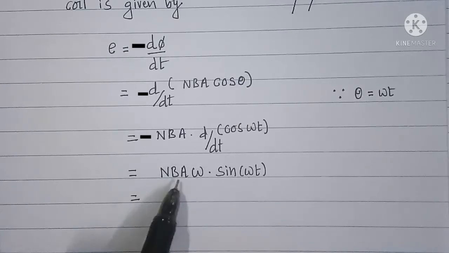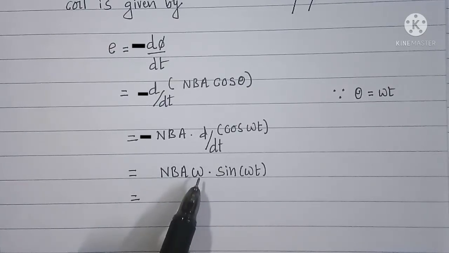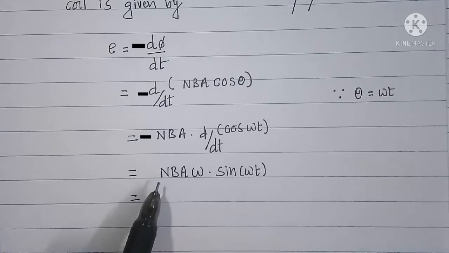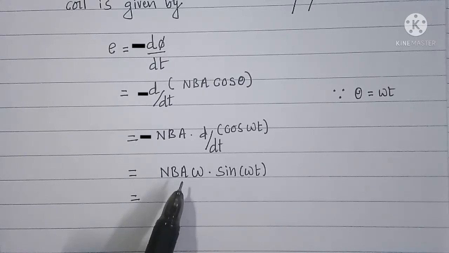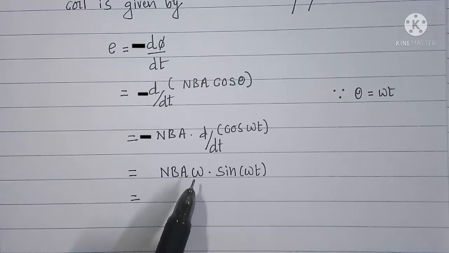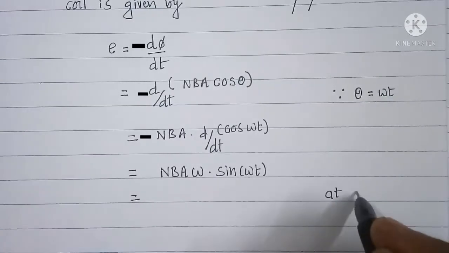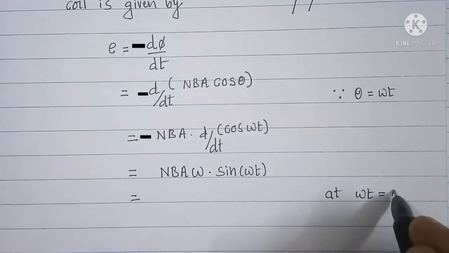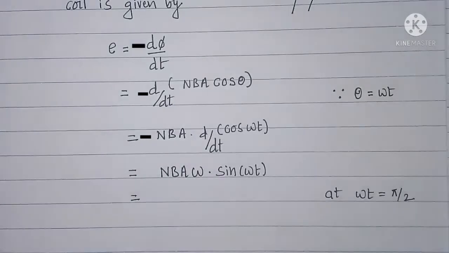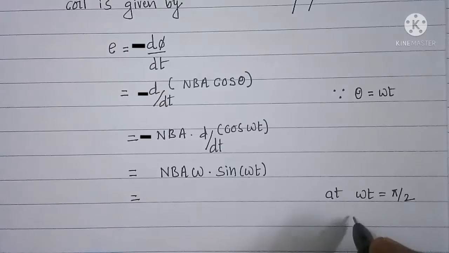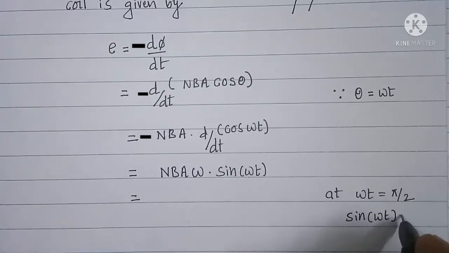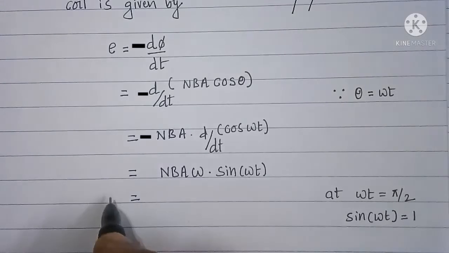So we will call NBA omega as capital EM, that is maximum induced EMF in the coil. At omega t equal to pi by 2 or 90 degree, sine omega t equal to 1.